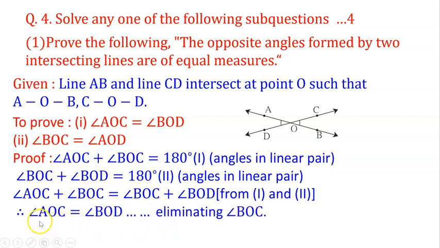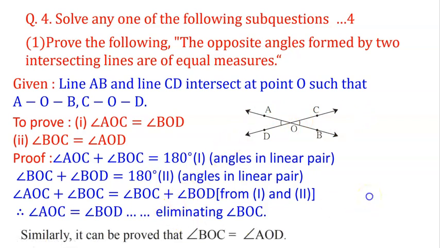And hence, the measure of angle AOC is equal to the measure of angle BOD, eliminating BOC, which is common on both sides. And hence, we have proved the first, that the measure of angle AOC is equal to the measure of angle BOD. Similarly, we can prove that the measure of angle BOC is equal to the measure of angle AOD.